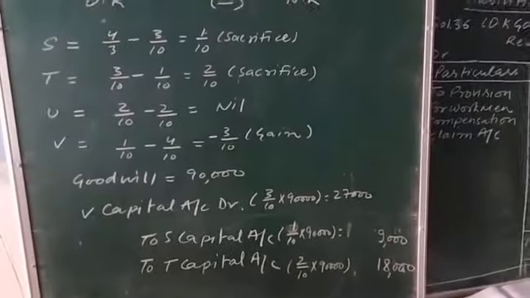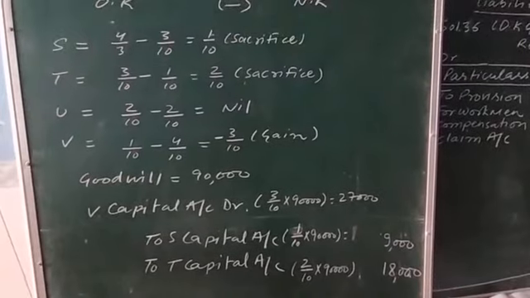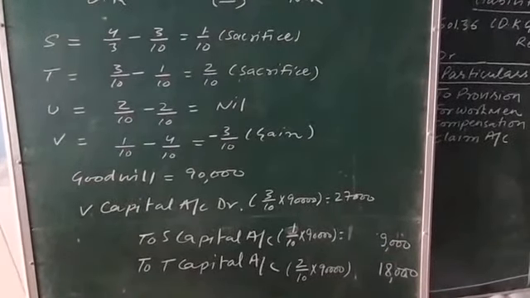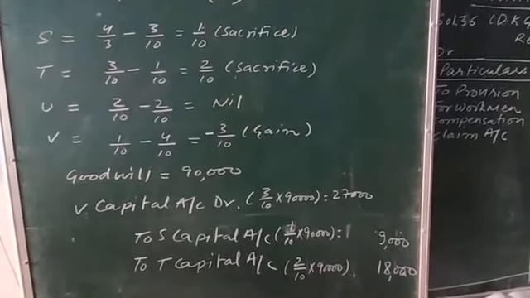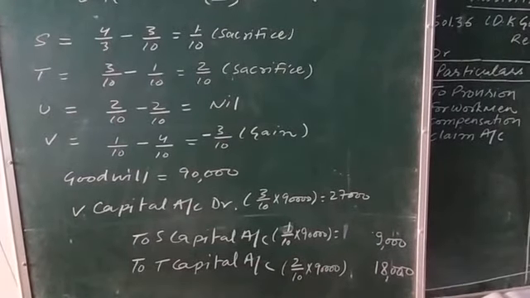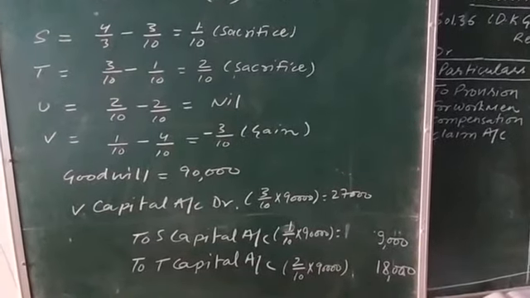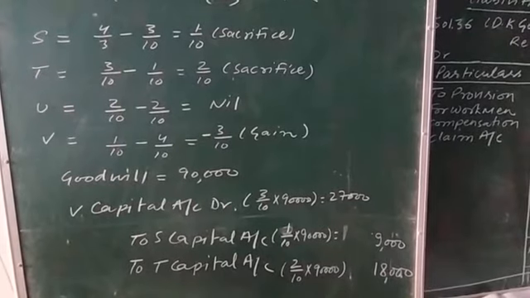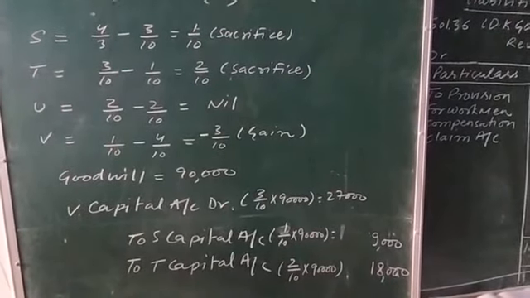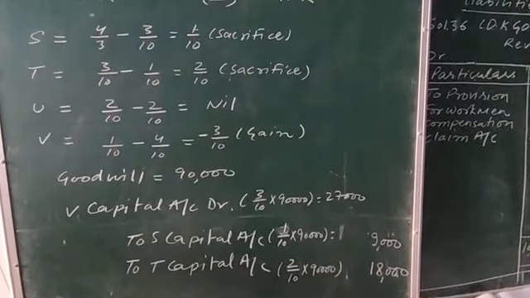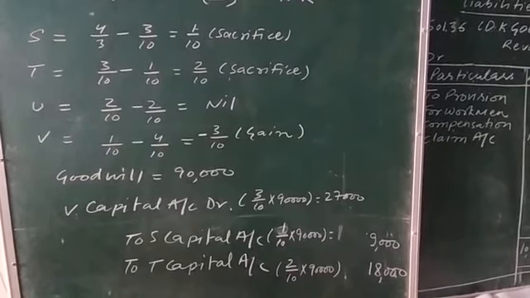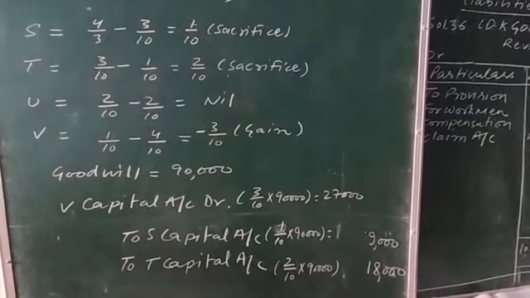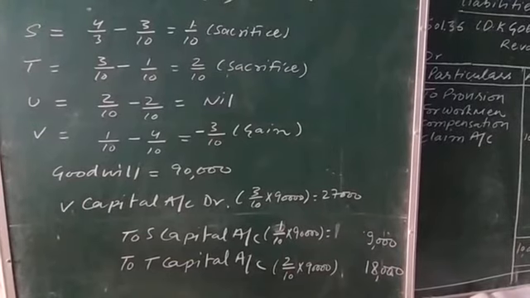Okay, so V's capital will be debited by 3/10 of 90,000, that is 27,000 rupees, and the capitals of S and T will be credited by the concerned share 1/10 and 2/10 of 90,000. The result will be 9,000 and 18,000.